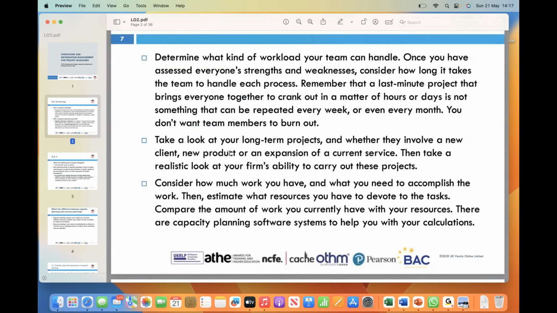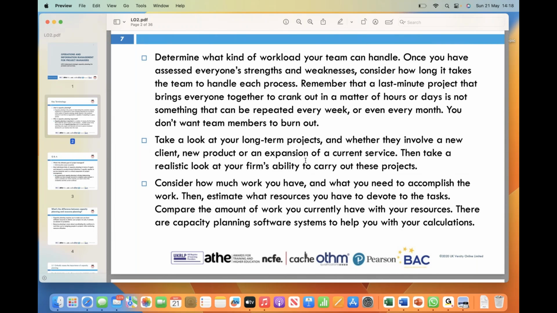Let's discuss long-term projects. When considering taking on a new client, developing new products, or expanding current services, it is vital to evaluate your firm's capacity to successfully execute these initiatives. Assess your team's expertise, available resources, and workload capacity.